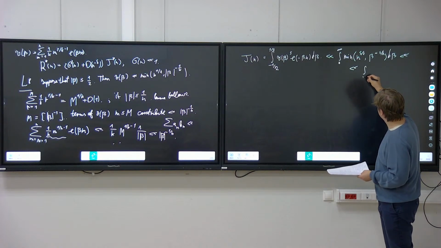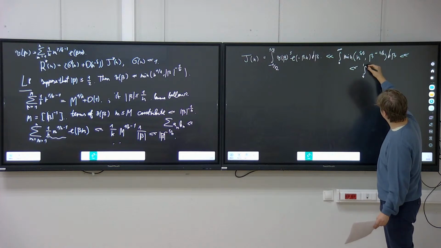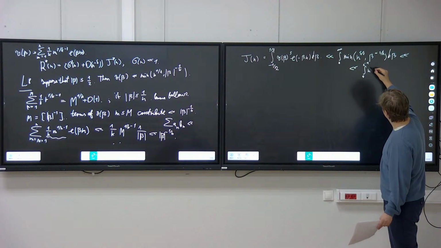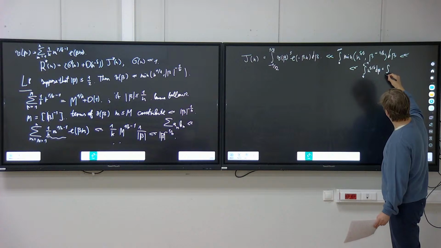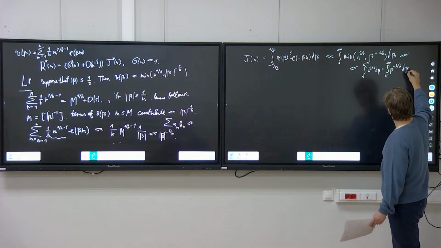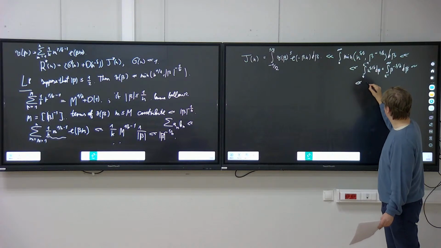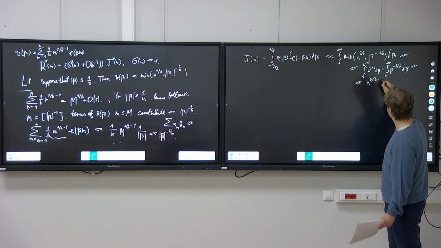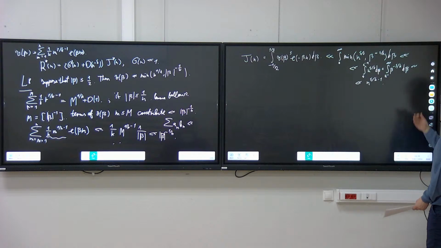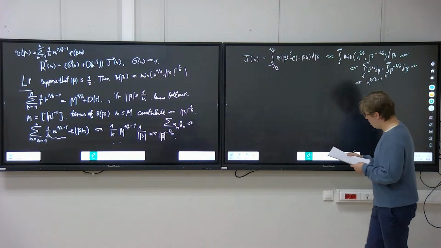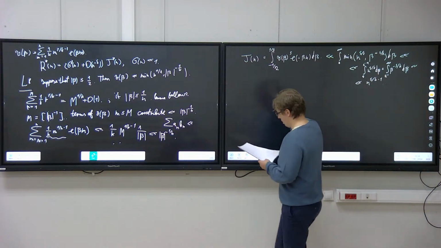So it will be the integral from 0 up to, for example, n to the power minus 1, of n to the power s over k d beta, plus the integral from n to the power minus 1 to infinity of beta to the power minus s over k d beta. And the first is n to the power s over k minus 1, and the second is also as large. So this is our estimate.